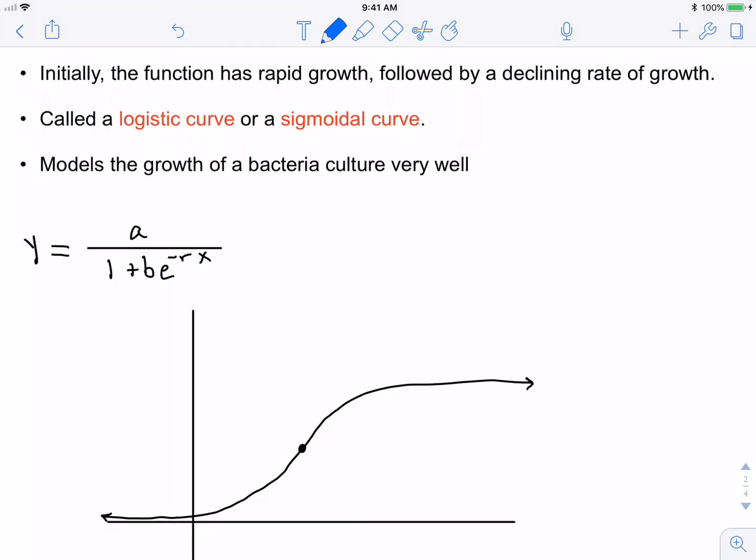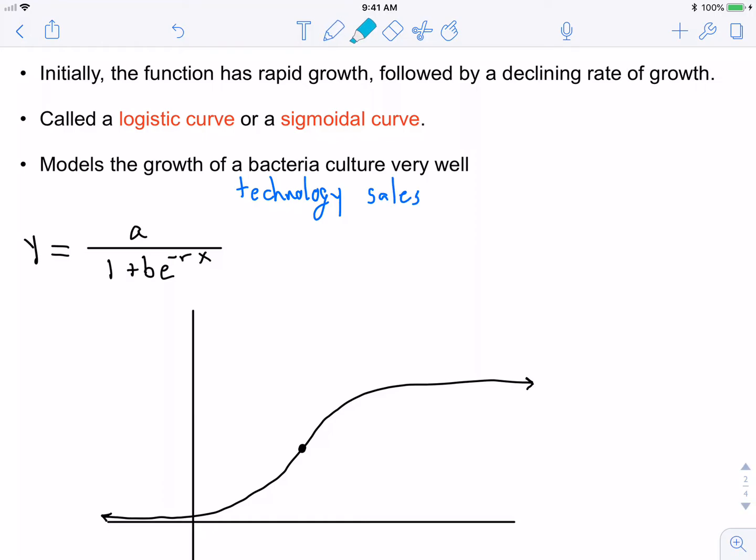A logistic growth model initially has rapid growth, followed by a steady declining rate of growth as it settles towards some horizontal asymptote. Normally this is called either a logistic curve or a sigmoidal curve, and it models the growth of a bacteria culture very well. As well, it models the growth of technology sales very well.